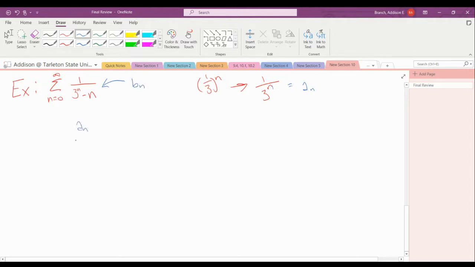So we have a_n over b_n. Therefore, we're going to get the limit as n approaches infinity of 1 over 3 to the n divided by 1 over 3 to the n minus n, which of course we can flip to make it easier to work with.